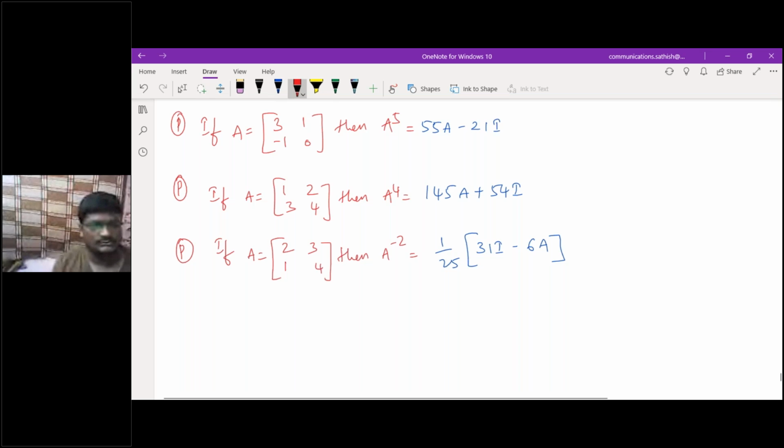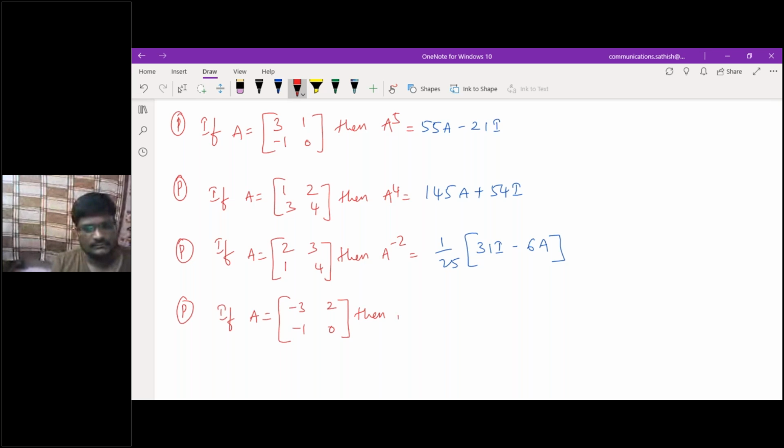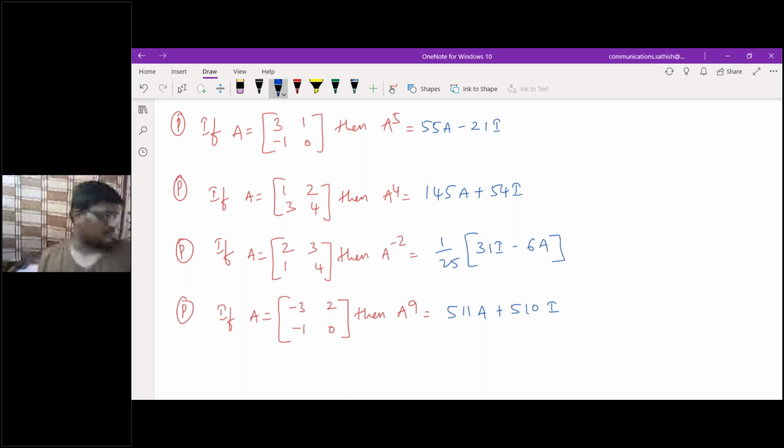Yes, sir. Yeah, note down, note down. So these are the problems you have to keep in your mind to solve the concepts of the Cayley-Hamilton theorem. These are the problems.